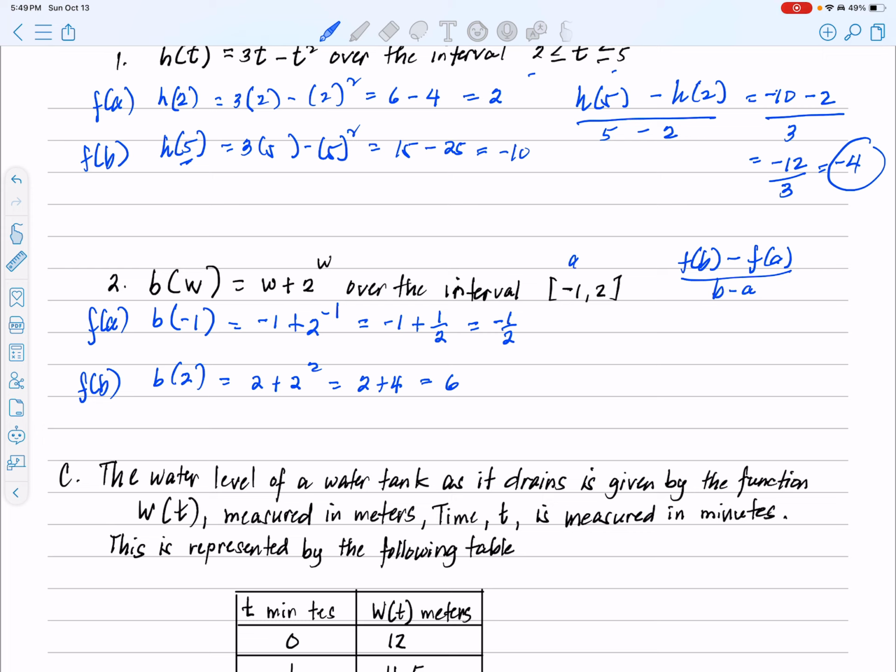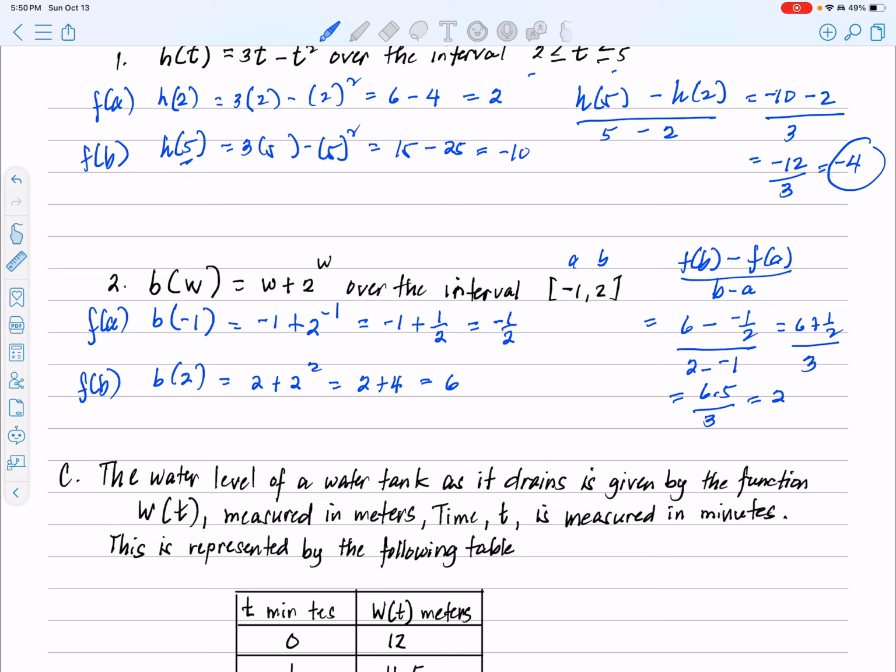Let's substitute: 6 minus a negative 1/2 over 2 minus a negative 1. That becomes 6 plus 1/2 over 3, so 6.5 divided by 3.